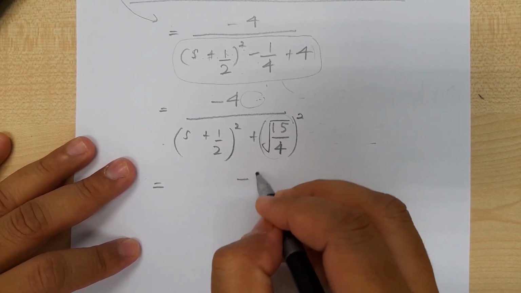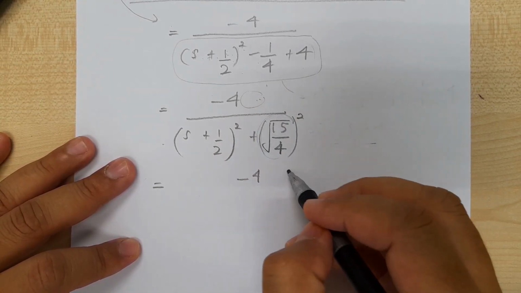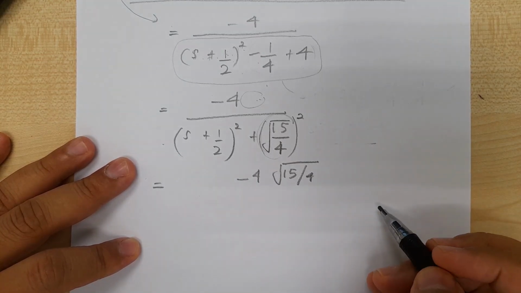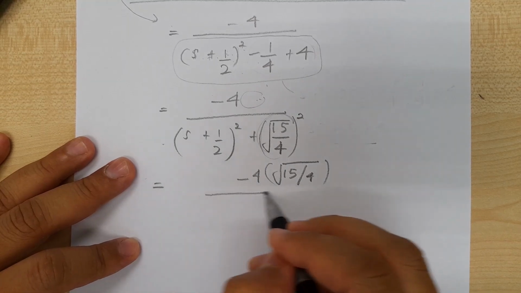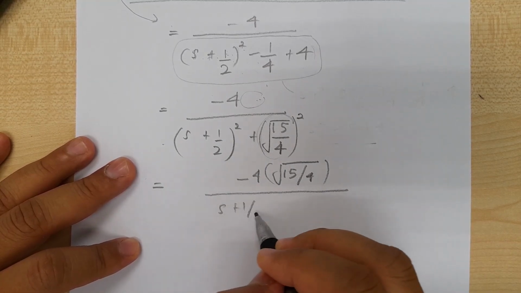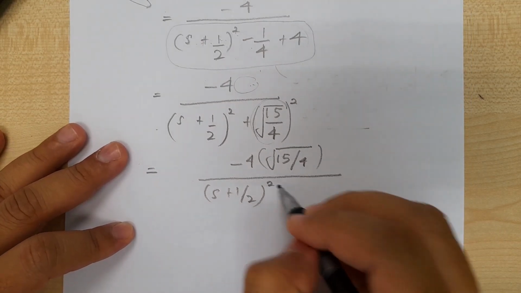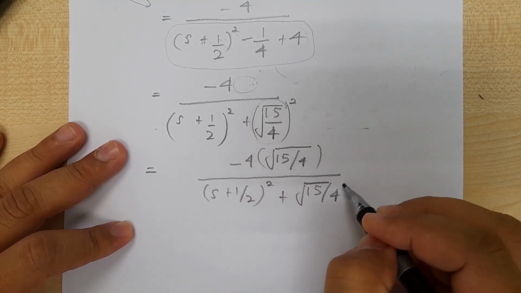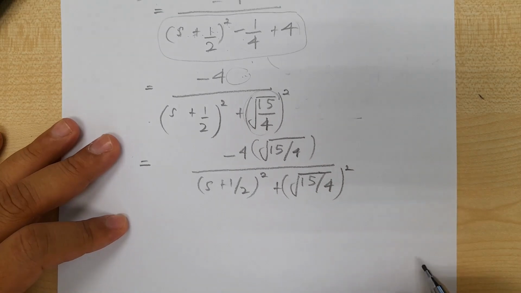Let me show you: take this value, bring it up here, the square root of 15 over 4, s plus 1 over 2 squared, plus the square root of 15 over 4 squared.